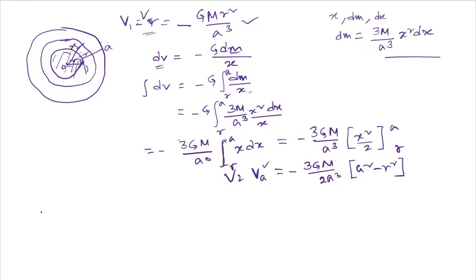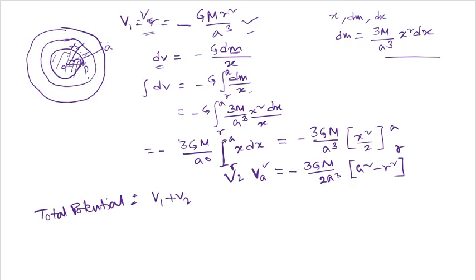Now, what is the final total potential? I have to calculate the total potential. The total potential is nothing but V1 plus V2, because potential is a scalar quantity and we can simply add them. The main concept here: for the inner sphere, the point is on the surface, so we use that formula; for the outer shells, it looks like an inside point.